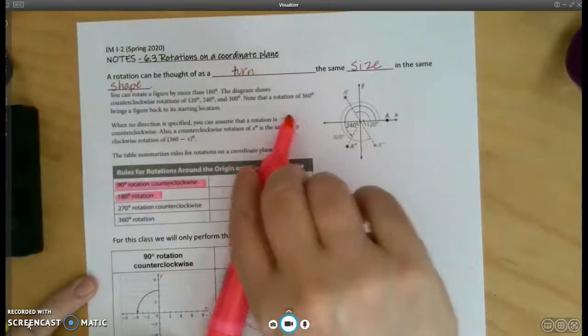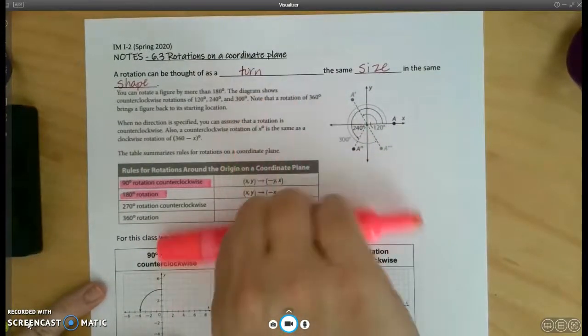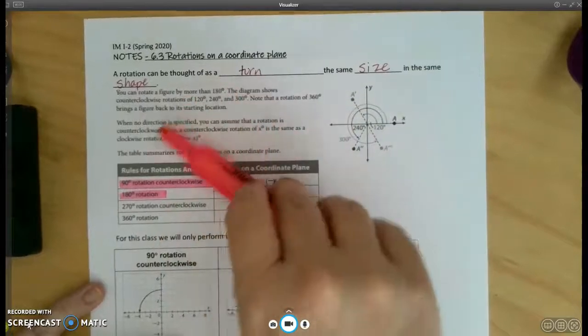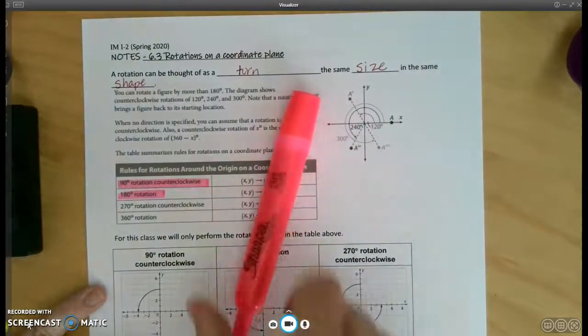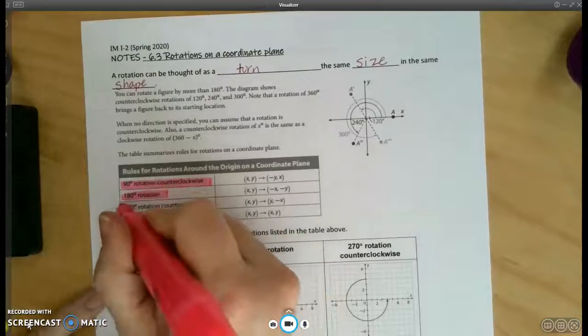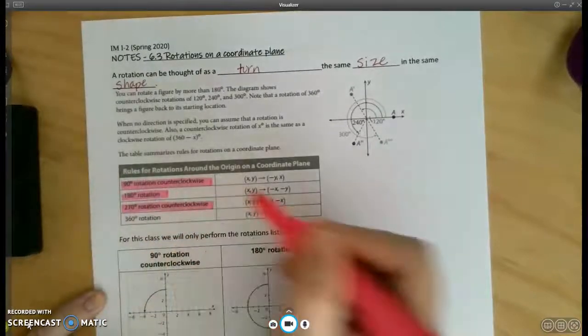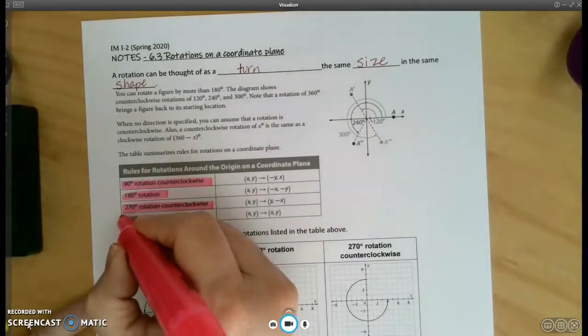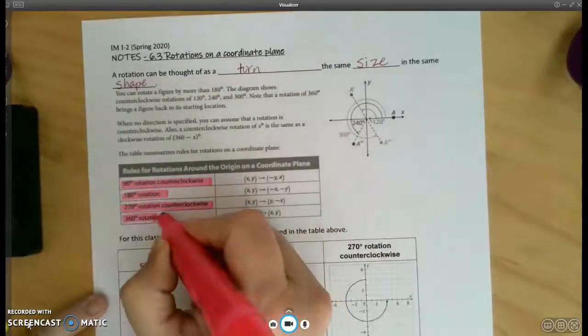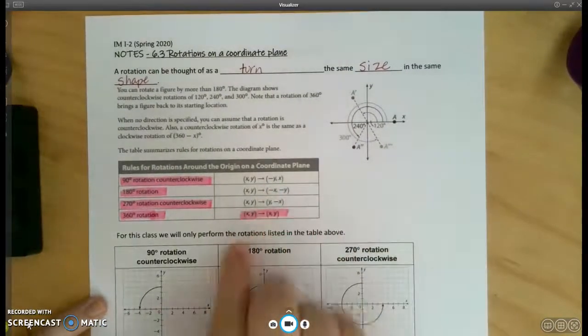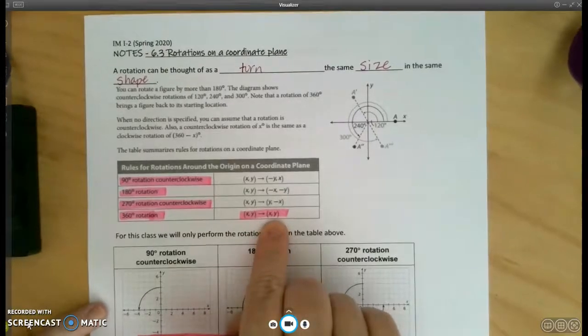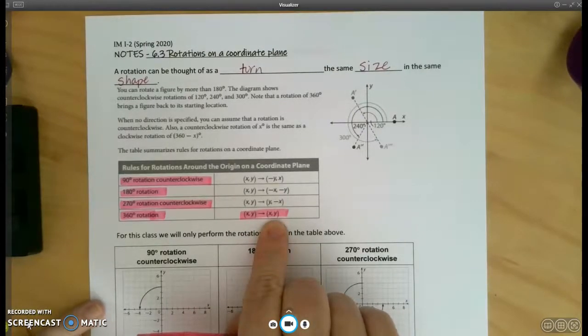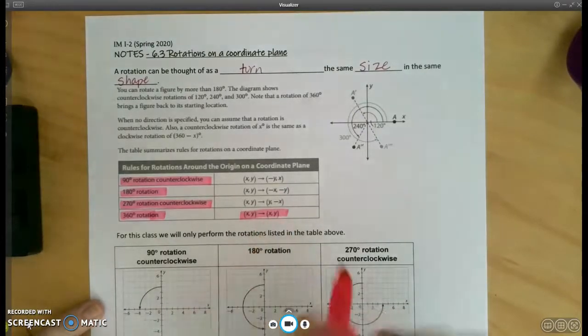Now 180 degrees, it doesn't matter which way you're going, whether you're going clockwise or counterclockwise, because either way you're going to end up upside down. 180-degree rotation is the same. 270 degrees counterclockwise, and 360 degrees. Now 360 degrees, notice XY stays as XY. It's just a perfect rotation all the way around in a circle.